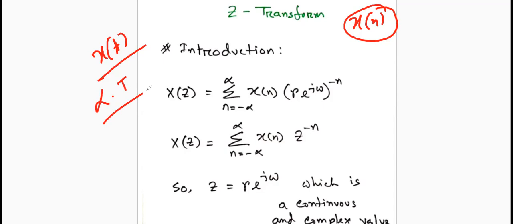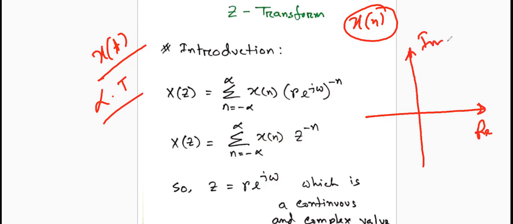What do you actually understand from the Laplace transform? How many axes do you need for representing it? There are two axes: one is omega and one is sigma, one is real, one is imaginary. The imaginary is omega, oscillation, and the real is sigma, decay.